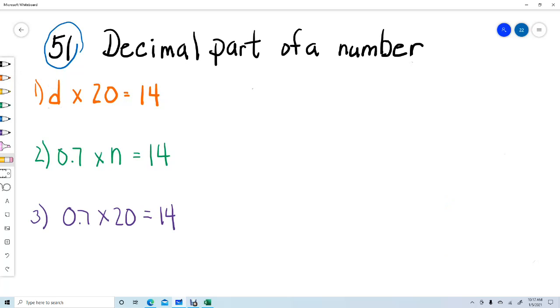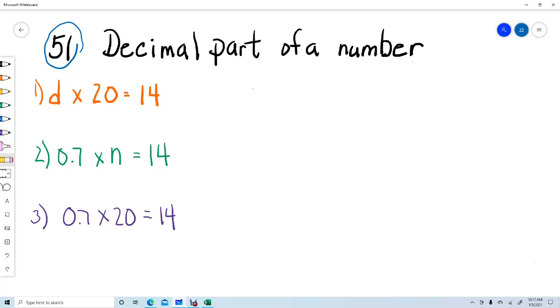If you look on the left-hand side here, I've got 3 equations. They're all the same equation, but they have a different variable missing in each problem. So what the text is going to do, it's going to give you 3 word problems. And in each word problem, you're going to be looking for a different variable. If the word problem corresponded to equation number 1, it would say, what decimal part of 20 equals 14?